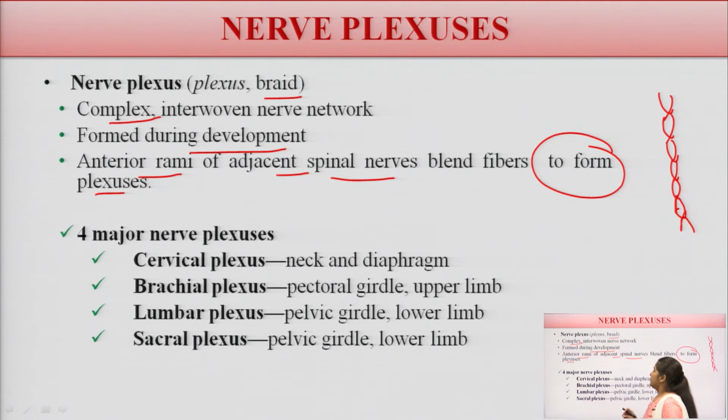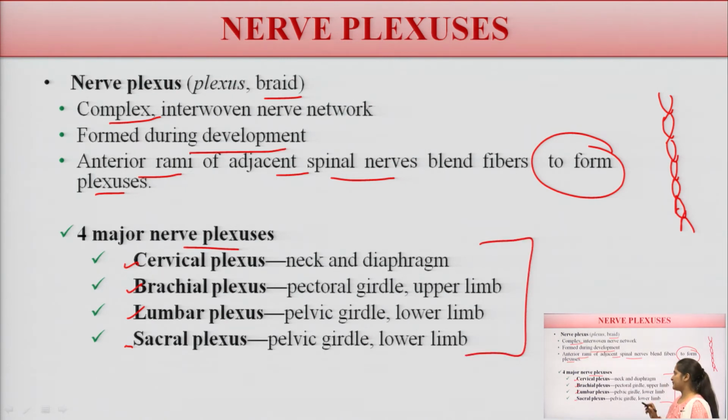Okay. Now there are 4 nerve plexuses: cervical, brachial plexus, lumbar plexus and sacral plexus. So if we talk about their regions, what is the region of each nerve plexus?